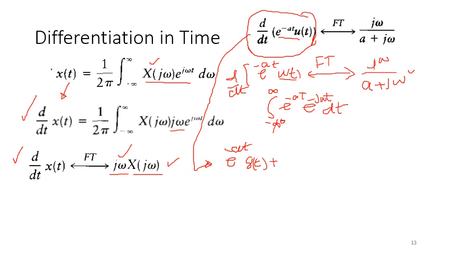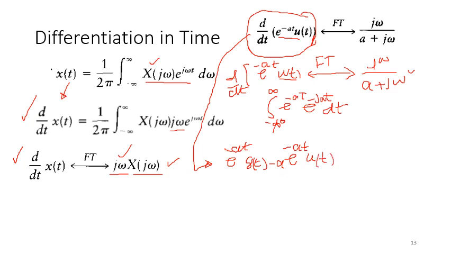Then the second function, now the derivative of the first function. This is basically e power minus at, and the derivative of minus at gives minus a here, and you write u of t as it is.